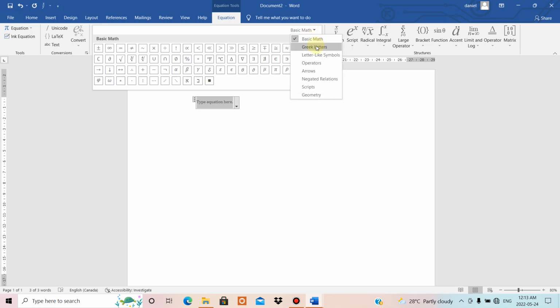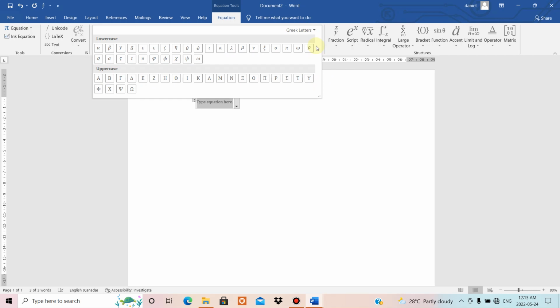The next is the Greek letters. We have alpha, beta, gamma, delta, lambda, and so on and so forth. All these are the Greek letters in lowercase, and these are in uppercase. So if you want the Greek letters in lowercase, you use these ones, and in uppercase, you locate them here.